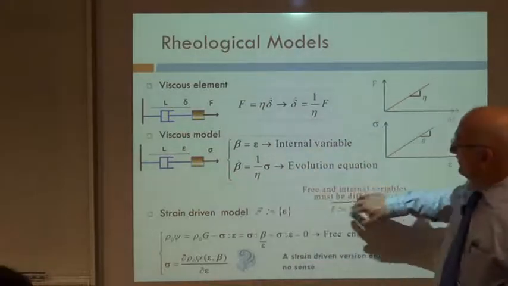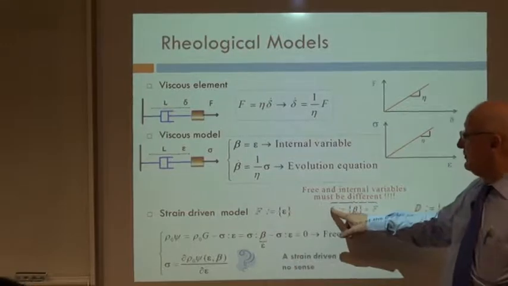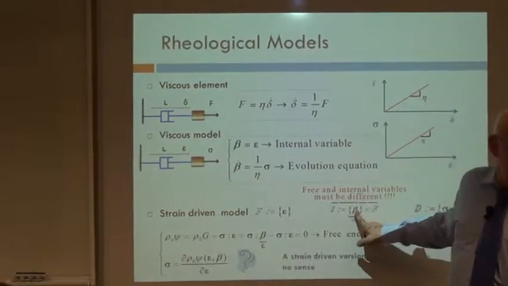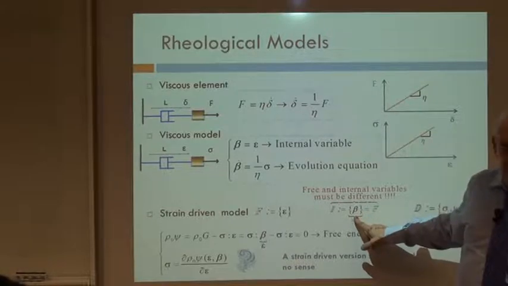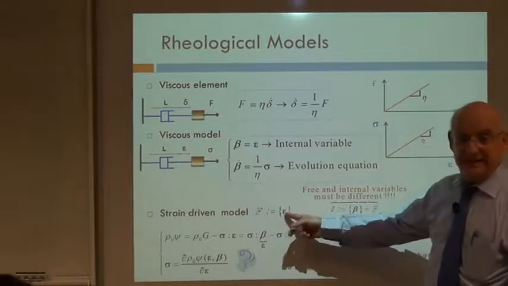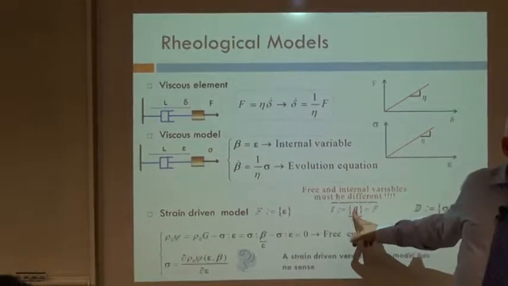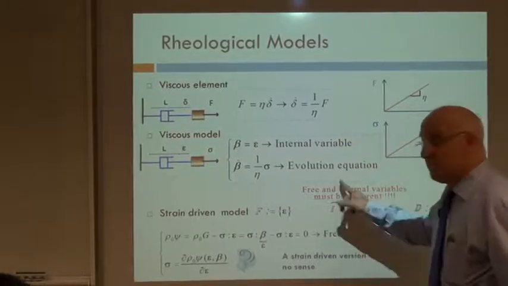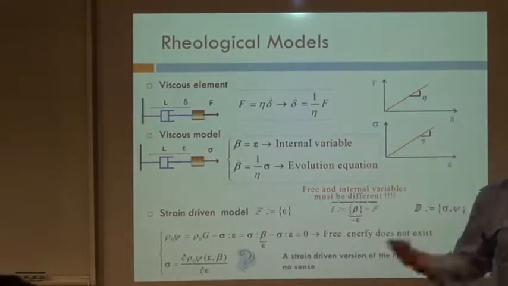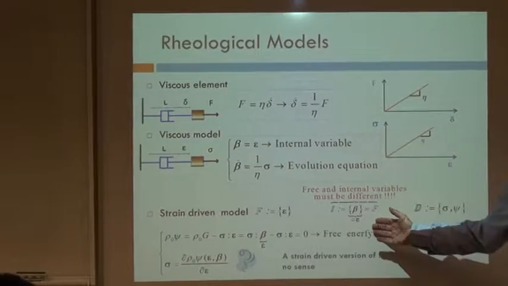So the strain-driven model says the free variables are the strains, and the internal variables are beta, which is the strain too. So the same variable cannot be at the same time free and internal. That's a contradiction, and that's why this model cannot be formulated in a strain-driven context.